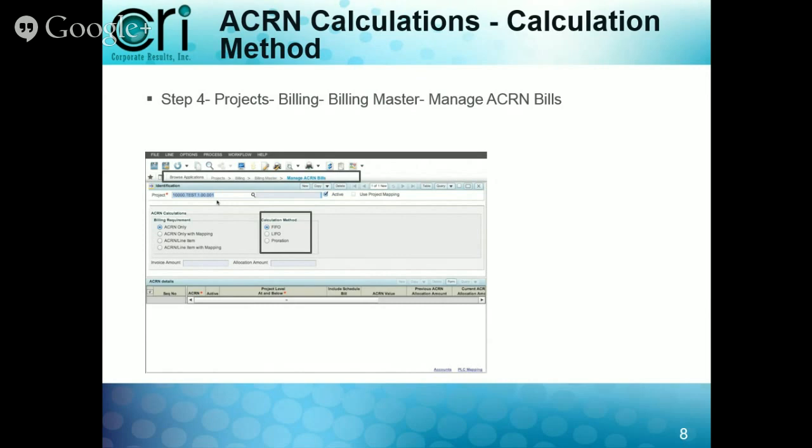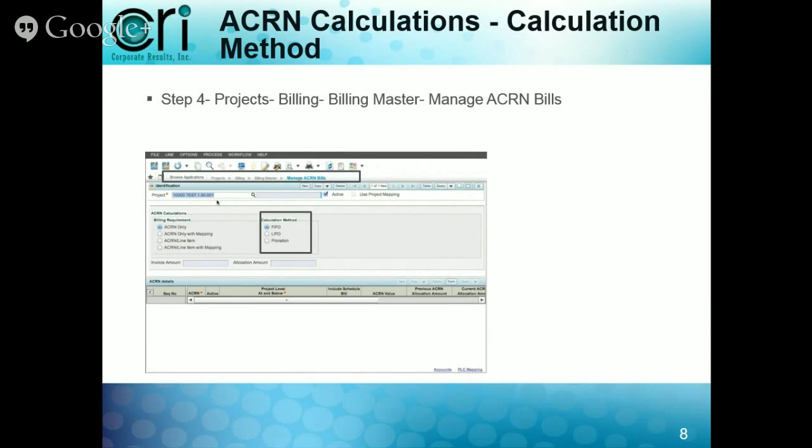As you enter more and more lines into the ACRN details table, your sequence numbers are going to grow from 1, 2, 3, and so on. So first in, first out allocates all the cost of a bill to that ACRN until it is depleted. So if you had $100, it's going to allocate $100, and then if your bill is for $110, it would move the 10 to the second line. So that's first in, first out.